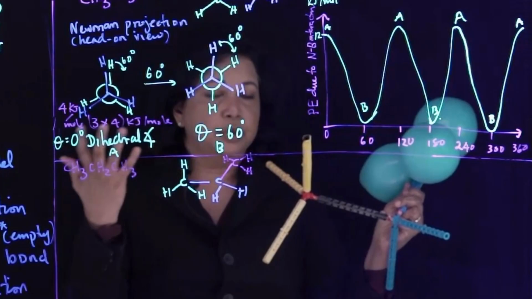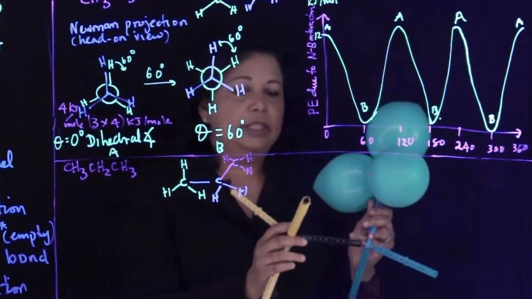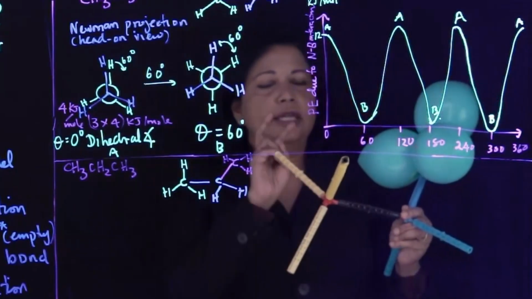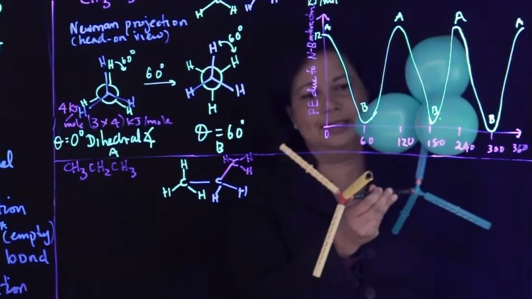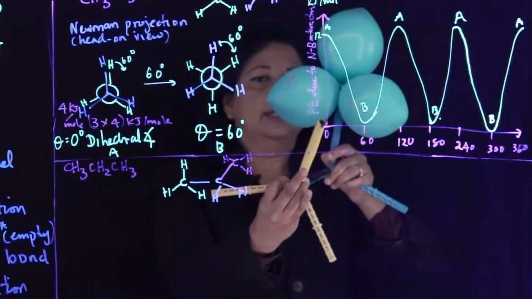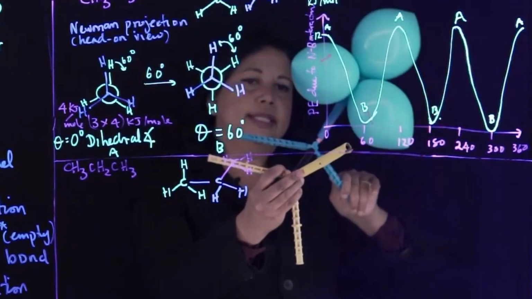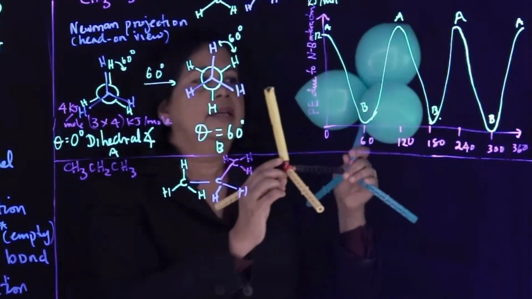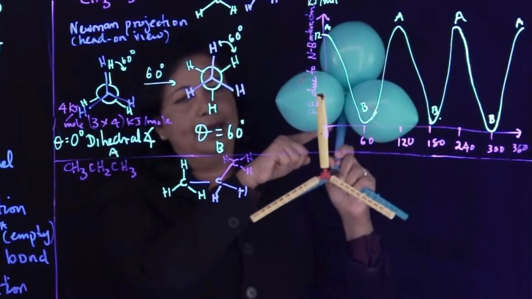Is it possible to draw all of them at once? It's almost impossible. So what we do is we say, okay, just let's do one sigma bond rotation at a time and see what the energies are. This is probably the one that's going to have a lot of variations. So let's draw this. In order to draw this, you have to find the dihedral angle between this and this.